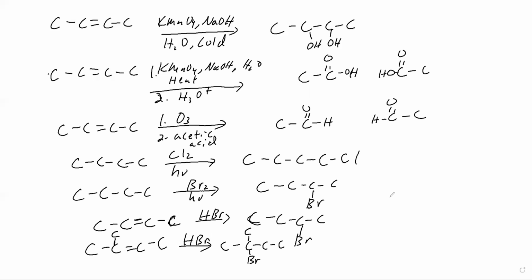Now, if I wanted to go anti-Markovnikov, this works with HBr and HCl, okay? In other words, I have this situation, and I want the bromine to be on the end versus over here.